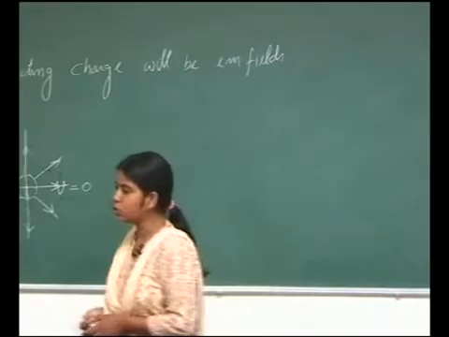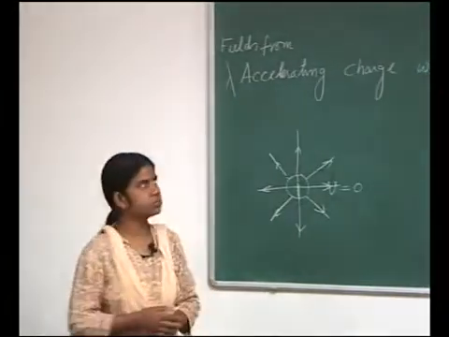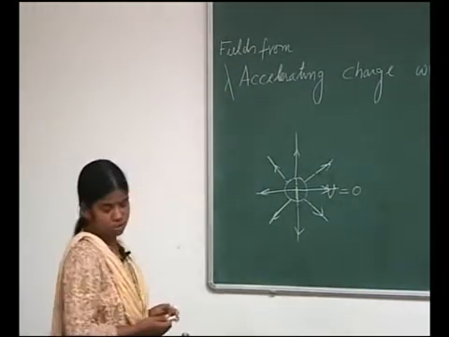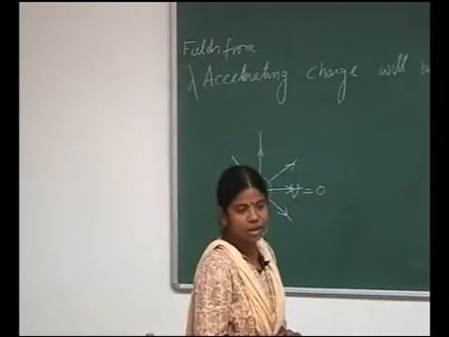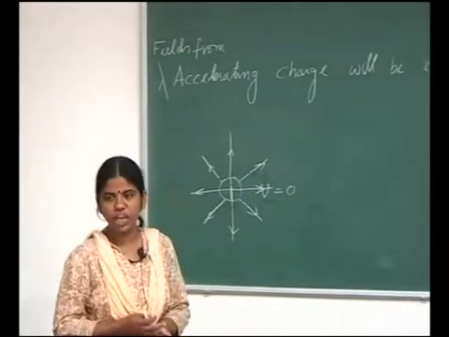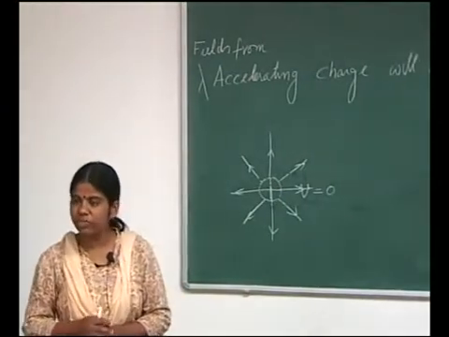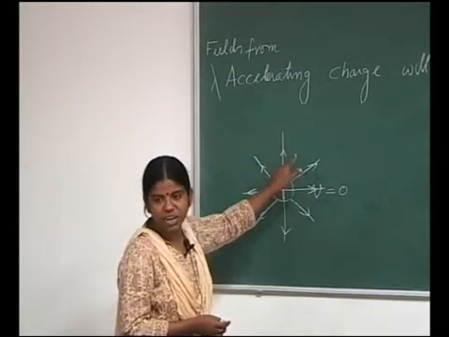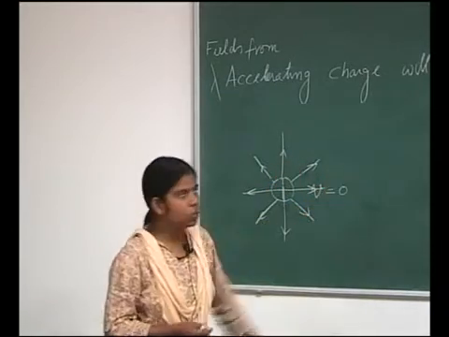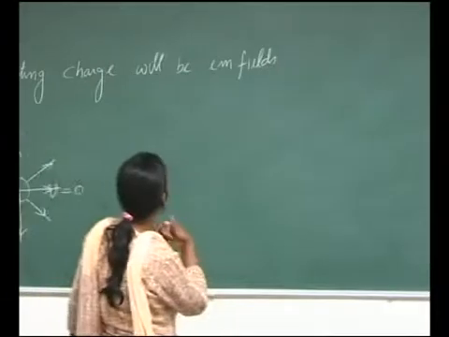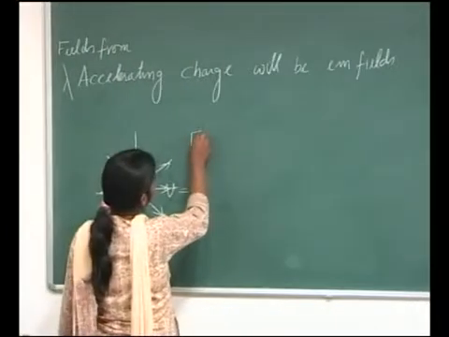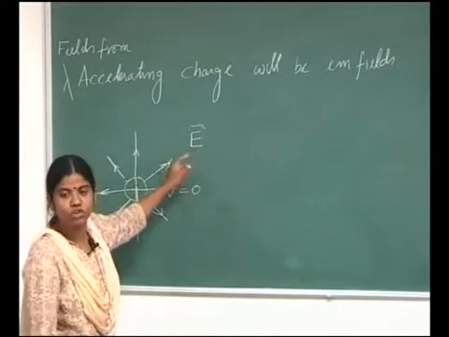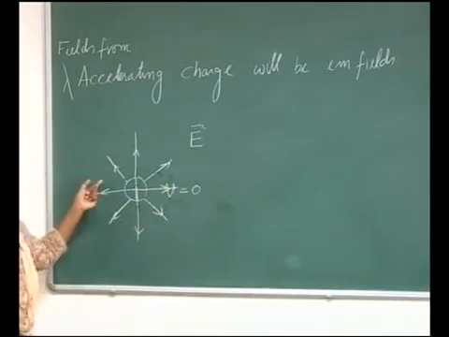So, if I want to see that the field produced is actually electromagnetic in nature, then there should be some checkpoints. I should be able to confirm that the fields produced from a moving accelerated charge are actually EM fields. The only checkpoint I can have, if I start with an electric field E, is that the electric field should be perpendicular to the direction of propagation.